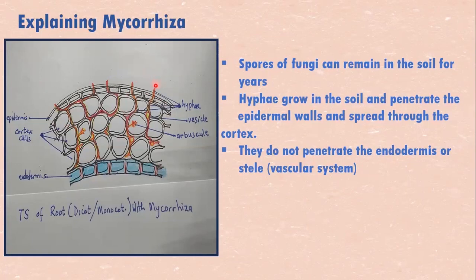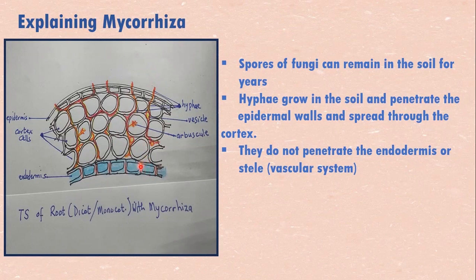Some of the hyphae penetrate the epidermis and go through the cortex, and they enter through the intercellular spaces. They also enter through the cell walls. They get in through the cortex, but they do not penetrate the endodermis or the vascular system.